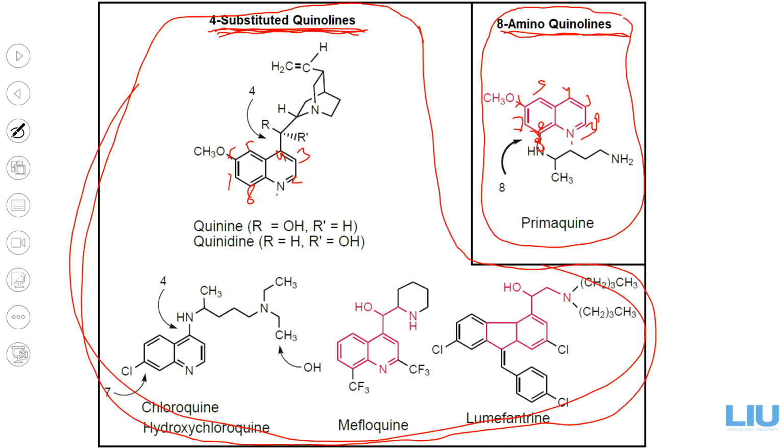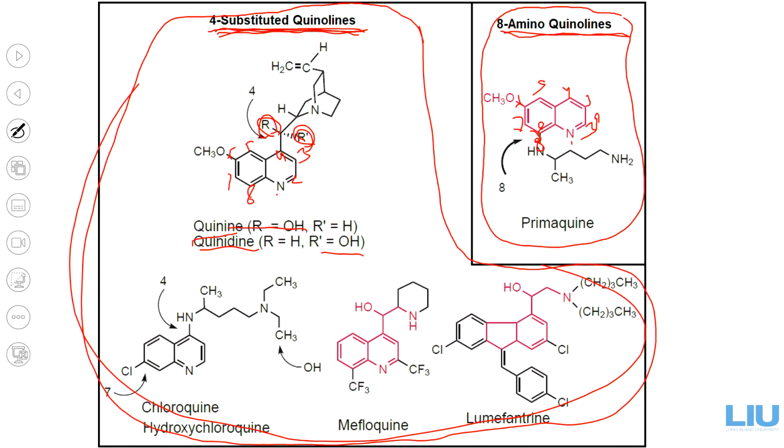For example, in the case of quinine and quinidine, the difference between them is the OH substitution. One is an isomer of the other. On one of them, the hydroxyl group is on this side; on the other one, it is on this side. That's the only difference between quinine and quinidine.